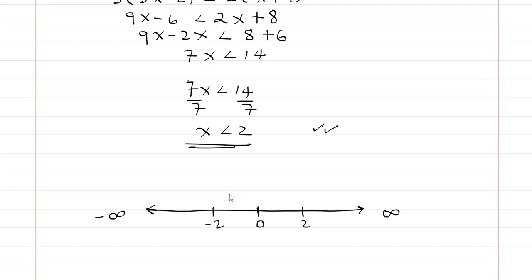Remember, when we are plotting inequality on a number line, if you have a symbol of less than, or you have a symbol of more than, you use an open point, or a circle. But if you have a symbol less than or equal to, or more than or equal to, then we use a solid point, simply because that number is inclusive.